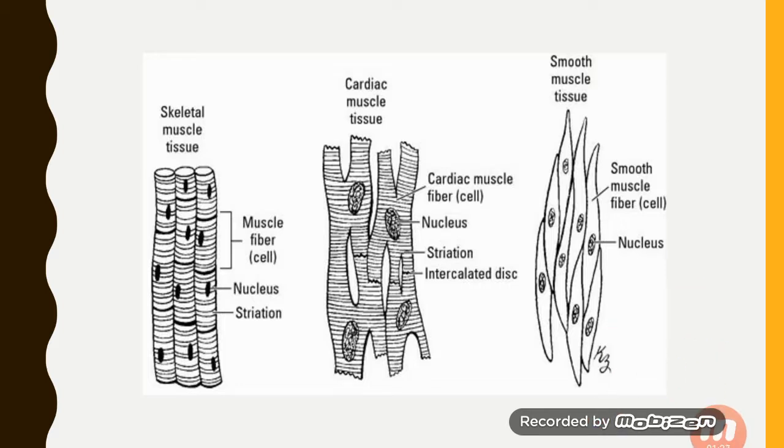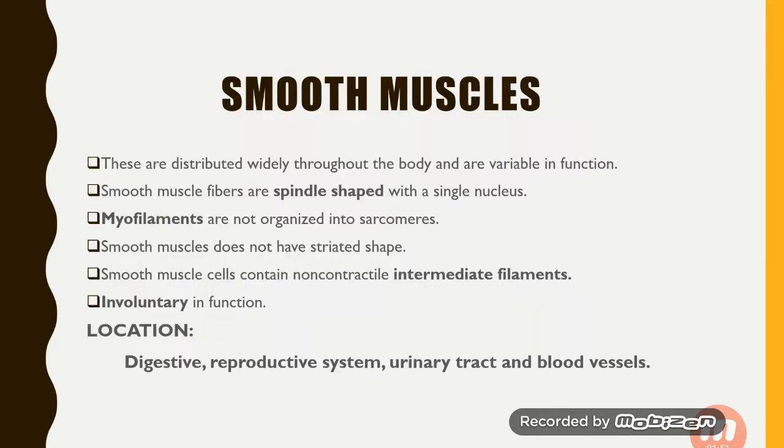In this diagram, the structure of all three types of muscles has been shown, which makes it very clear that all three types have a very different and very specific structure according to which they will perform their functions. So we will talk about them one by one.